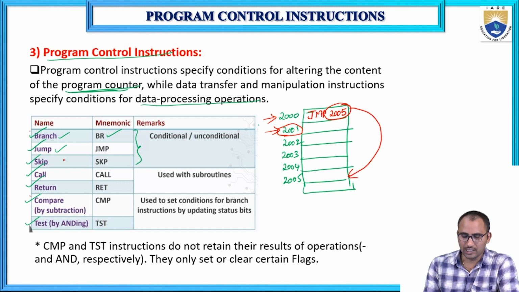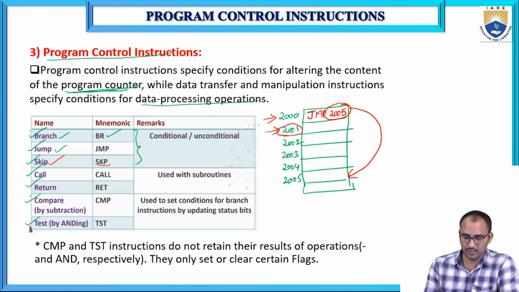So that is called jump or branch. And skip. This skip instruction can be used to skip an instruction. That means whenever this instruction is executed, that particular instruction will be skipped off.